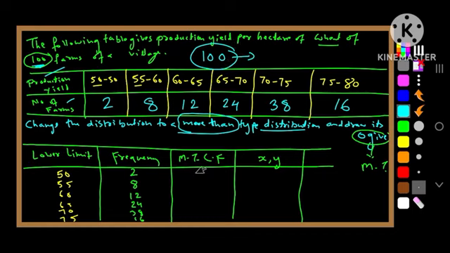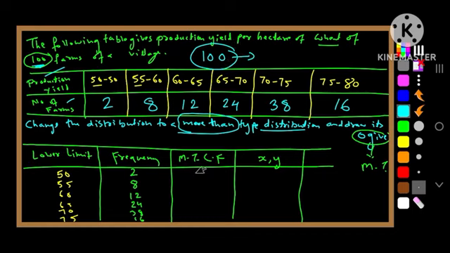Then 98 minus 8 is 90. 90 minus 12 is 78. 78 minus 24 is 54. Similarly, 54 minus 38 is 16. Here you can see 16 and 16, both the values are 16, so our calculation is correct.